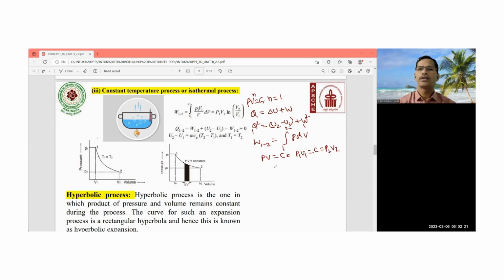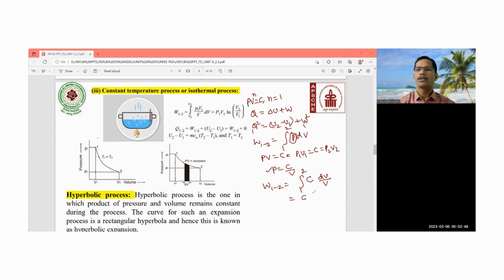So in this case, what is P? P is nothing but C by V. Then substituting here, W1 to 2 is equal to the integral of 1 to 2 of this pressure, which is C by V. So C, bringing the volume terms to this side, C dV by V, right?